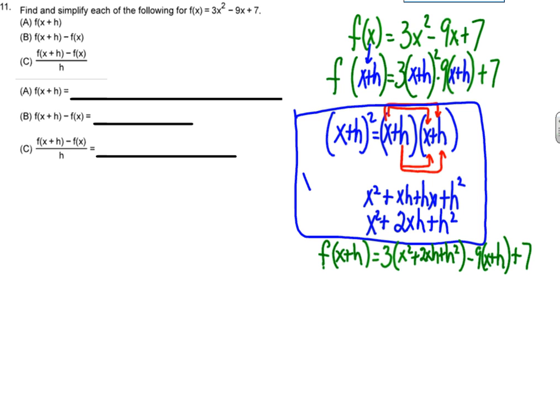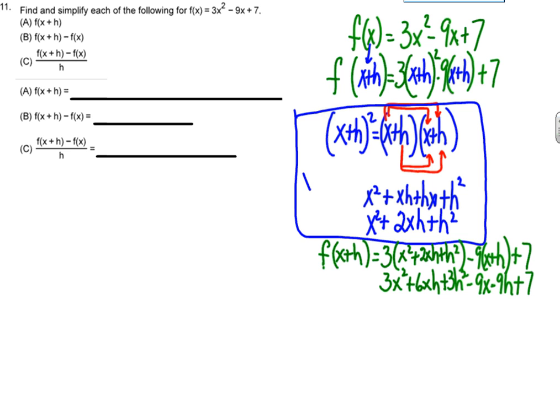Let's simplify this by distributive property. 3x squared plus 6xh plus 3h squared minus 9x minus 9h plus 7.